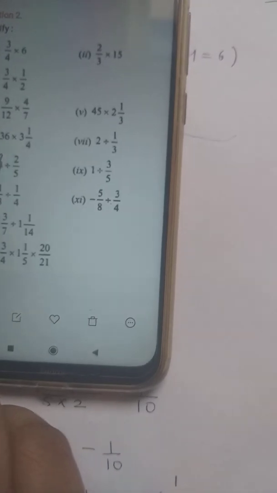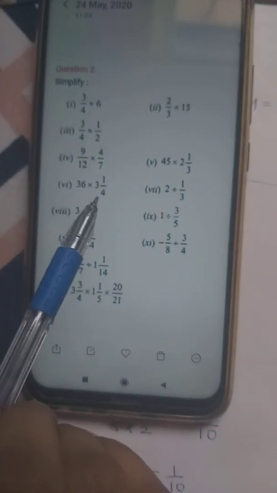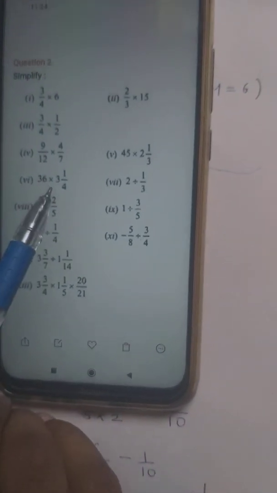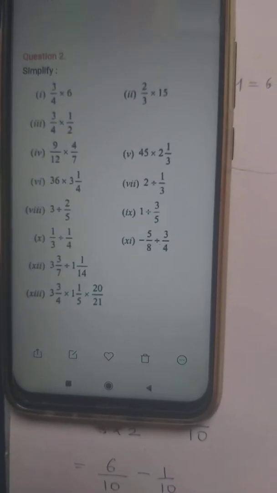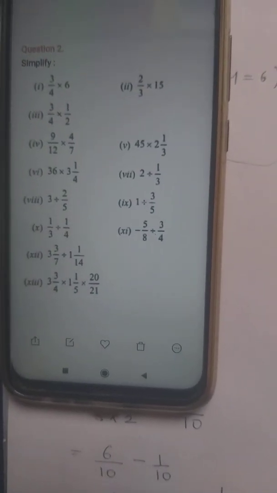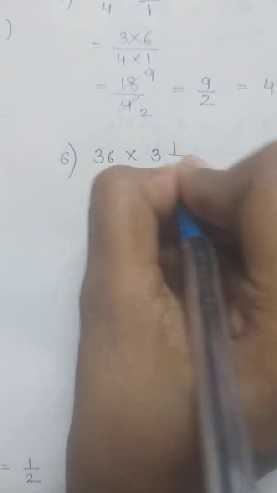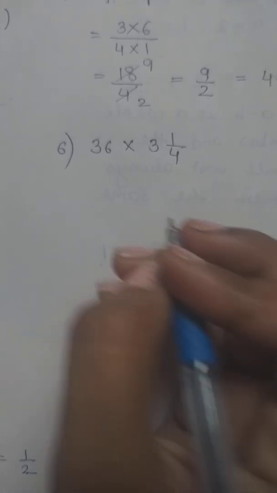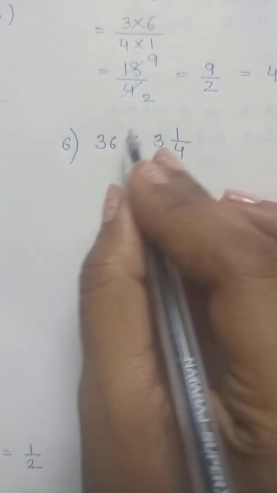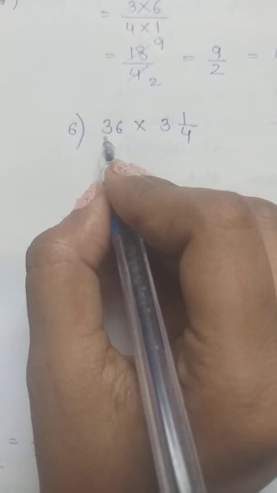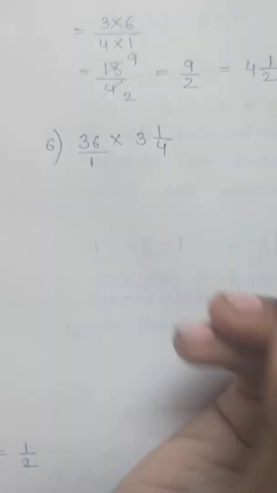Now moving towards the next question. I'll be solving question number 6. In question number 6, one number is 36 multiplied by a mixed fraction, 3 1 by 4. This mixed fraction will be converted into an improper fraction first, and when there is nothing in the denominator, you will consider it as 1.